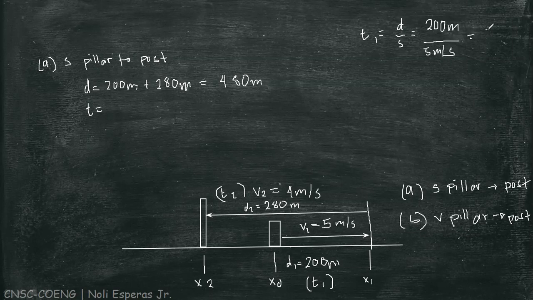Therefore, you have 40 seconds. And for T2, we have distance over speed, which is 280 meters divided by 4 meters per second.